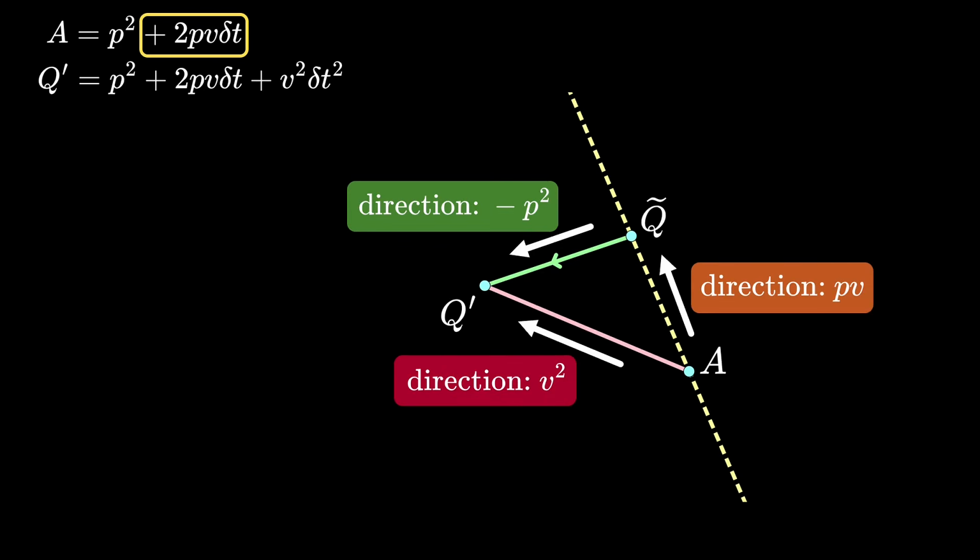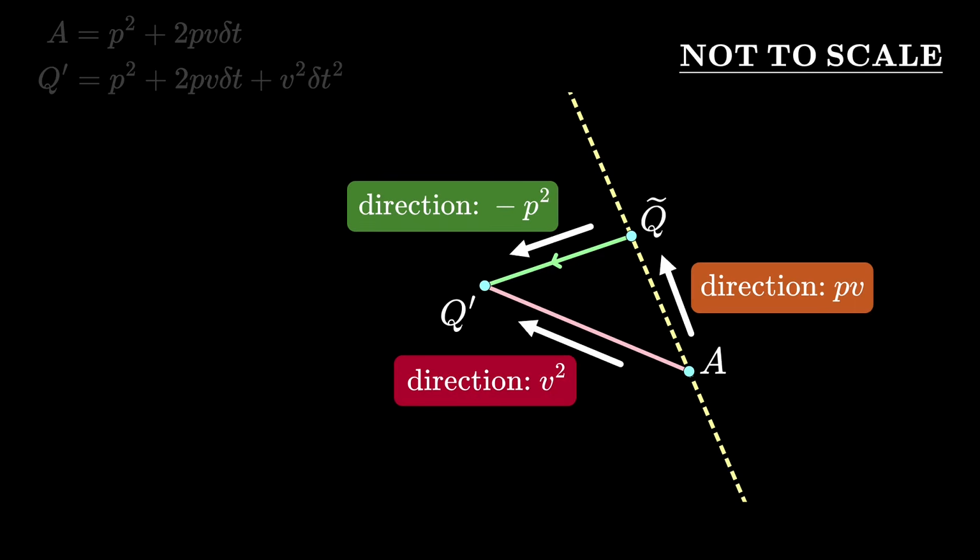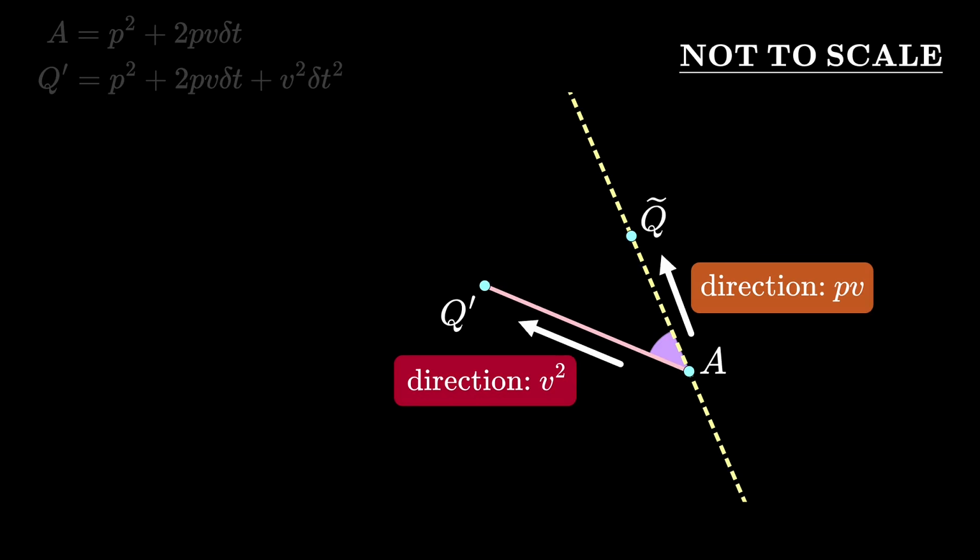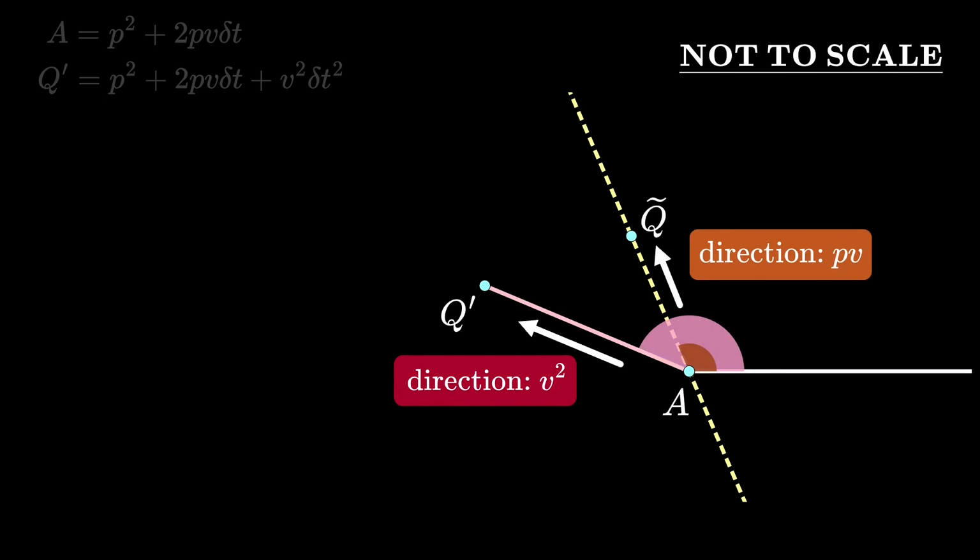Now you might know where this is going and how not to scale this is, because we will show that these two angles are the same size. Let's start with the lower angle, which can be computed with the help of the positive real axis, because it's the difference between these two angles.